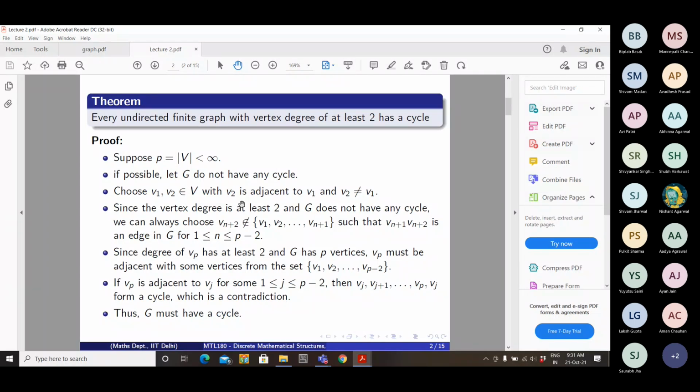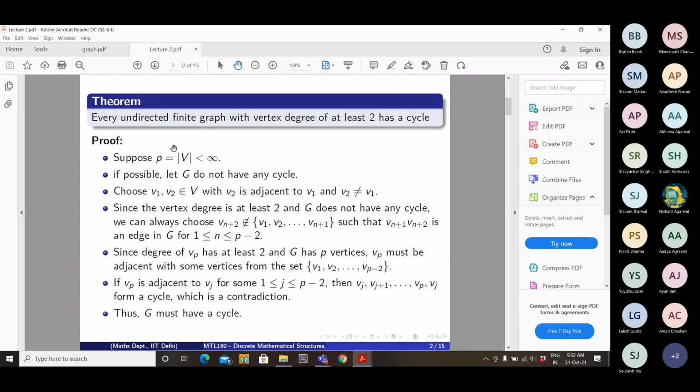If we look at the proof, suppose the order of the graph is p, means the number of vertices in the graph is p. And if possible, let G not have any cycle. Now we start with an arbitrary edge, means choose two vertices V1, V2 which are adjacent. Now look at the vertex V2.